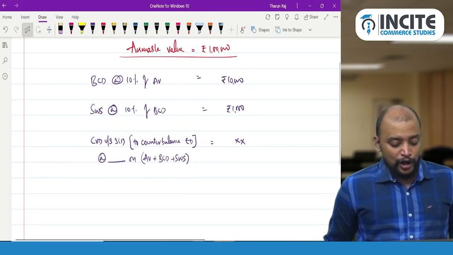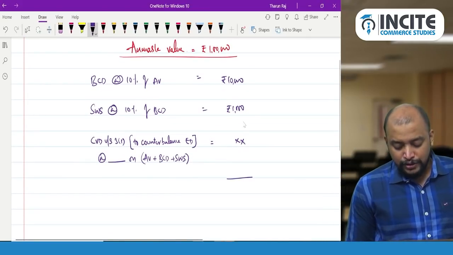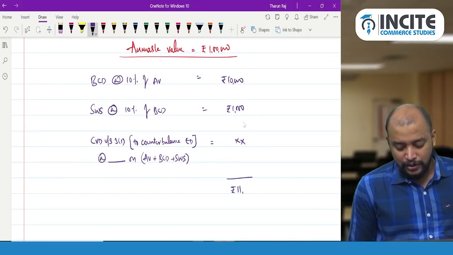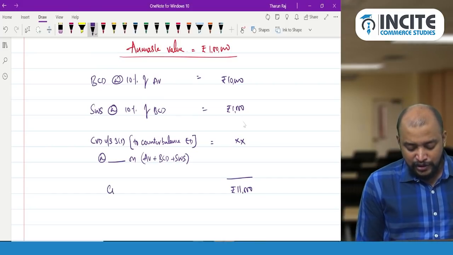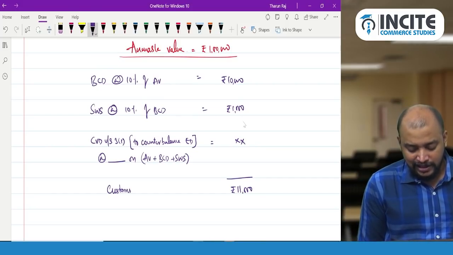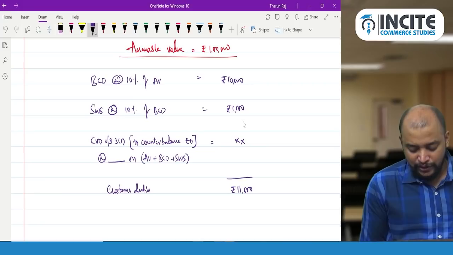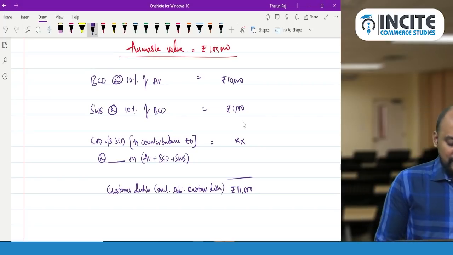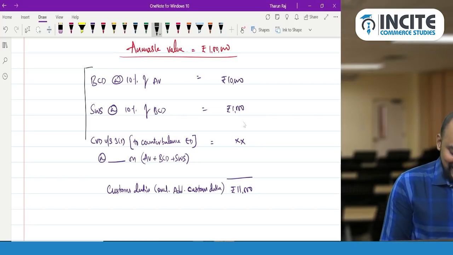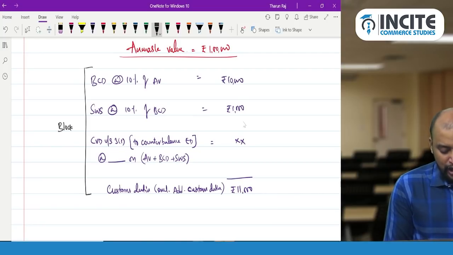So this is block 1. The total of block 1 is known as customs duties excluding additional customs duties, that is 11,000. So this will be taken as block 1.